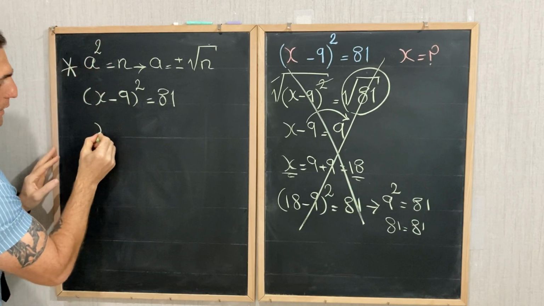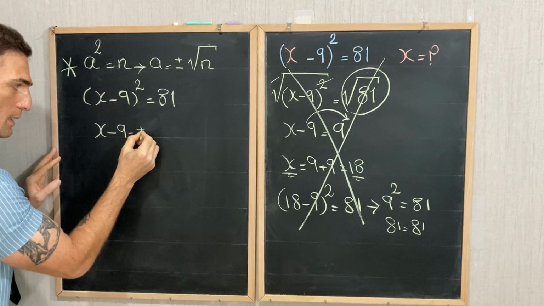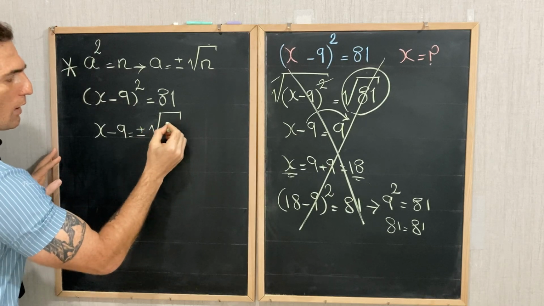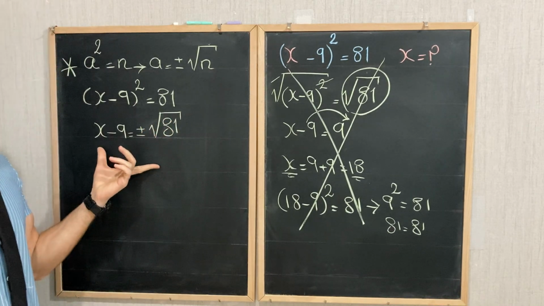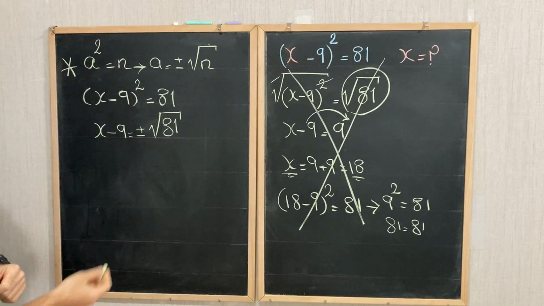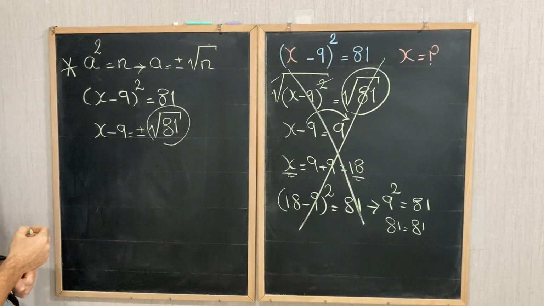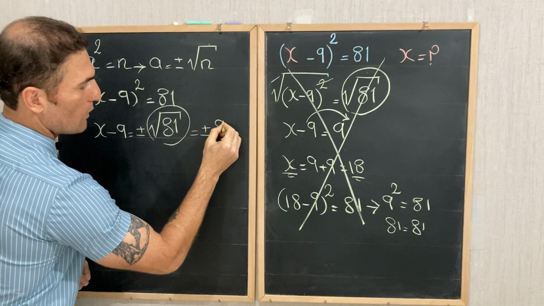So I can write x minus 9 is positive, negative, both positive and negative, the square root of 81. Right, this is the correct solution. So what is the square root of 81? Right, 9. So it's going to be positive, negative 9.